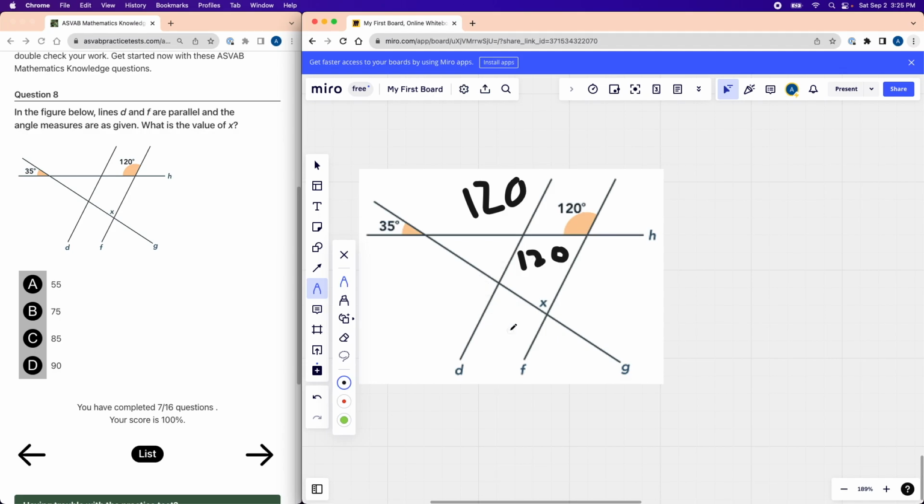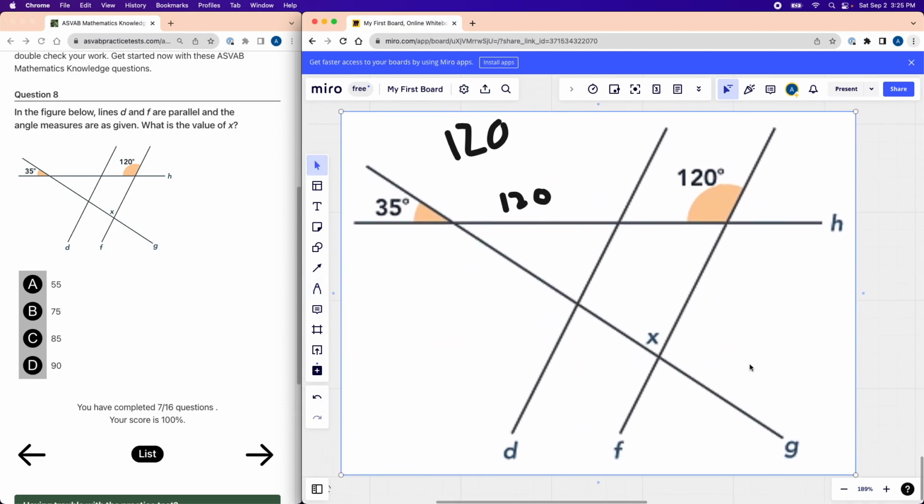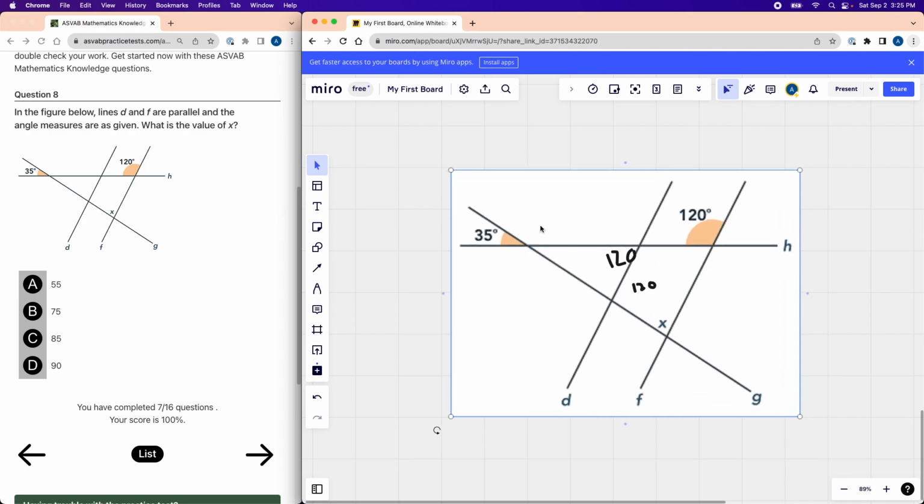What I'm going to do here actually is make this a lot bigger and then zoom out, that way my numbers don't get too crowded. There we go.